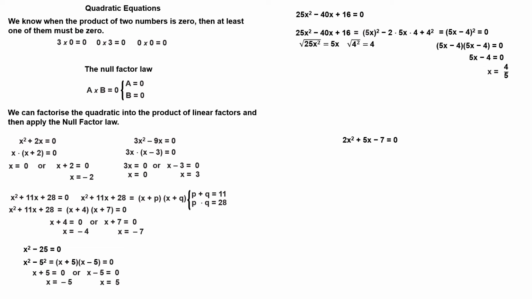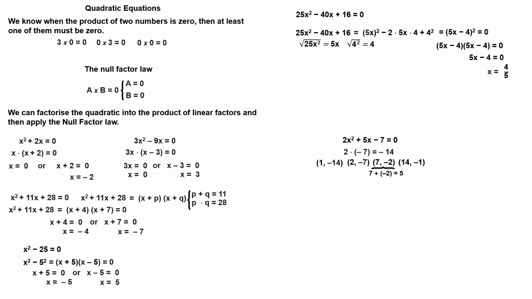To solve this equation, we should remember how to factorize a trinomial with leading coefficient not 1. In this case, we use the splitting the middle term method. Multiply 2 and minus 7. We need factors of minus 14, which add to give the middle term, that is 5. The factors are 7 and minus 2.